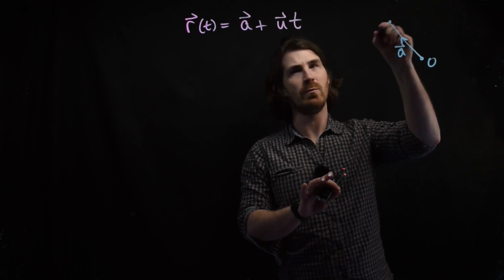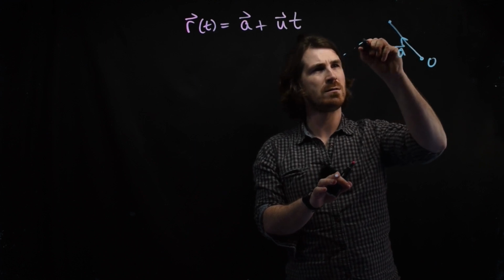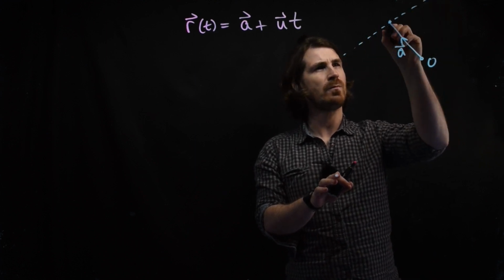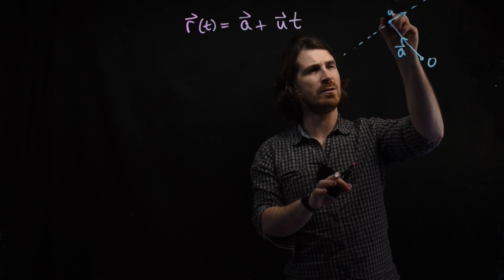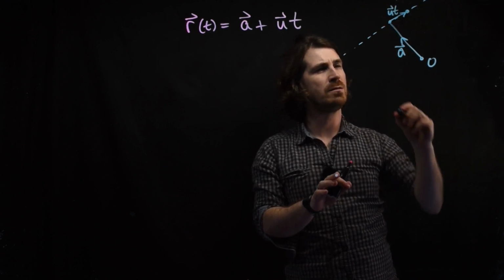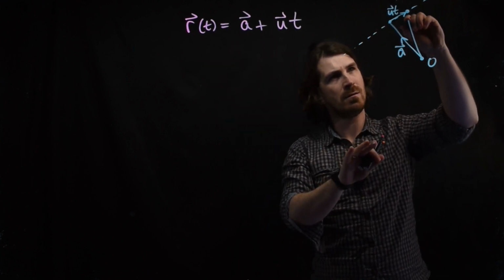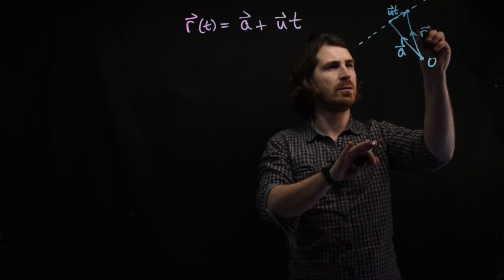And then at this point we add the vector u times t, which takes us along this line, which is in the direction in which u points. So ut will take us to this point. And this r is a plus ut. It's this vector here, r of t.